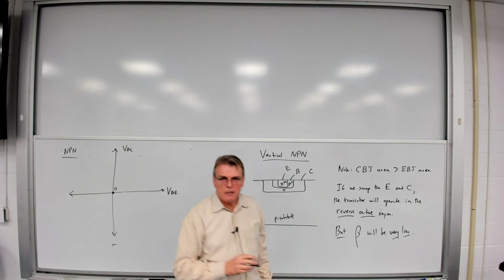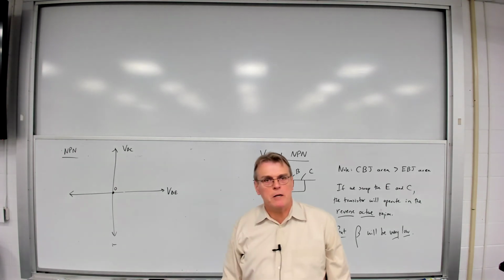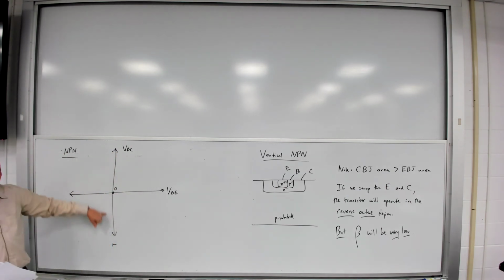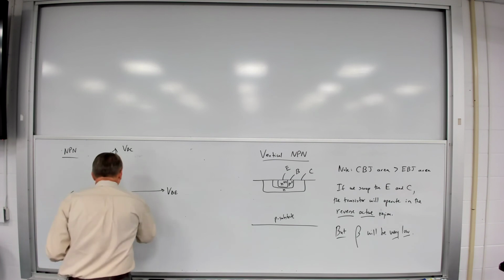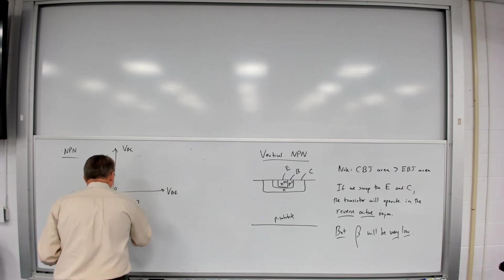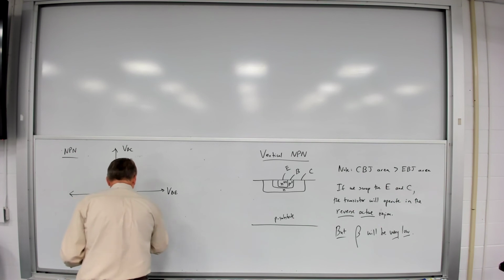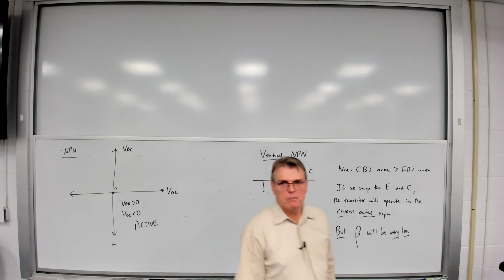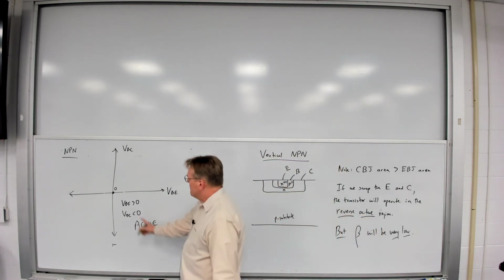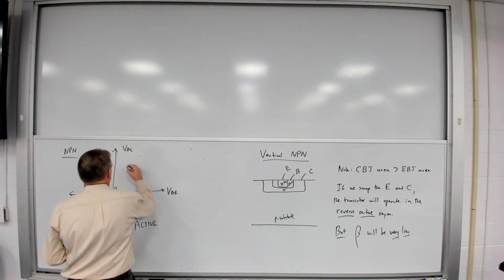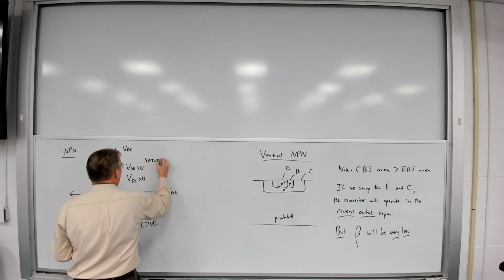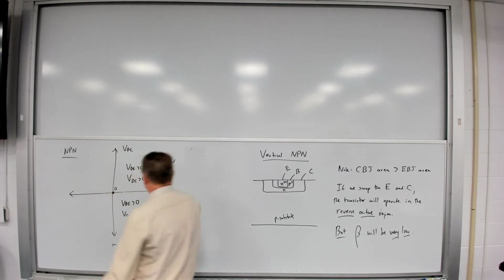So what we talked about a minute ago, let's think about where we're going to map those 4 regions. So here, I've got VBE is positive, VBC is negative. In this quadrant, I'm in the active region of operation. Now, if I make them both forward biased, then I wind up in saturation.